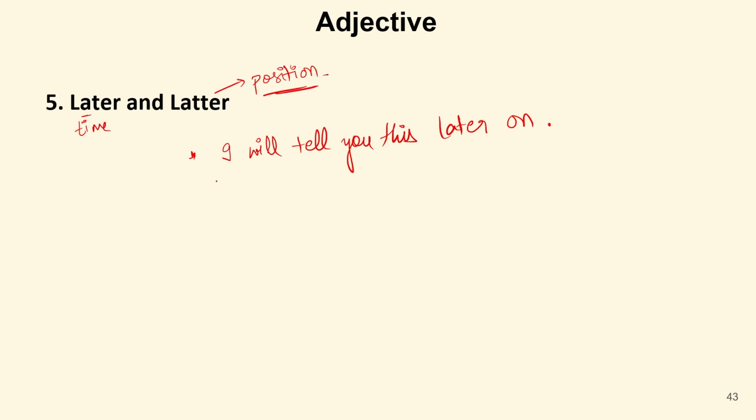Now if I say that I will tell you this later on, it means that I will discuss this topic after some time. Or if I say latter, latter represents the second of the two.